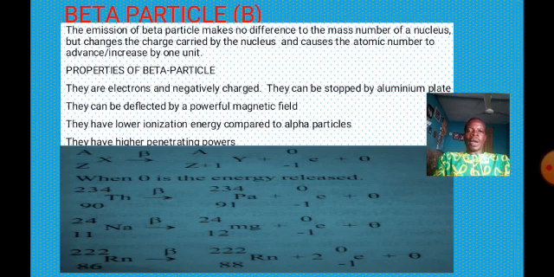Also, if you look at the next example, sodium with atomic number 11, mass number 24, be bombarded with beta particle to produce magnesium, atomic number 12 and mass number 24. So if you add 12 and -1 together, you are going to get what? 11. And if you add 0 and 24, what do you get? You get 24. Very good.